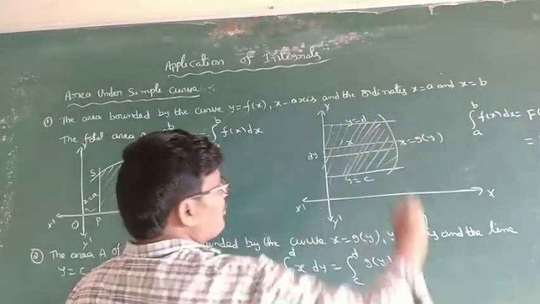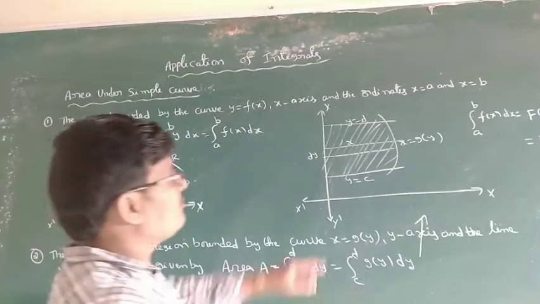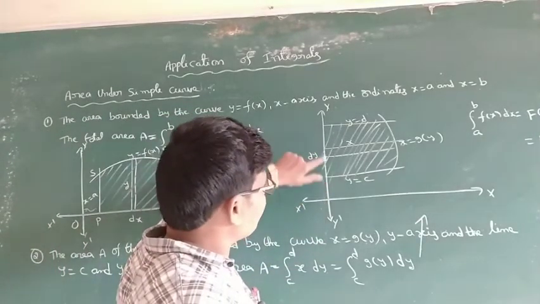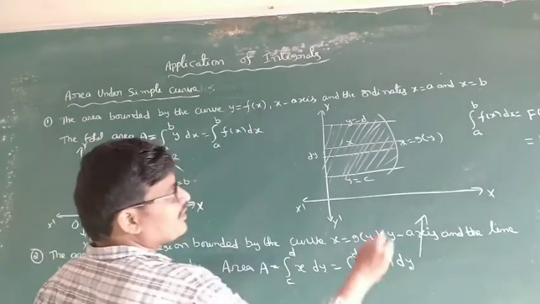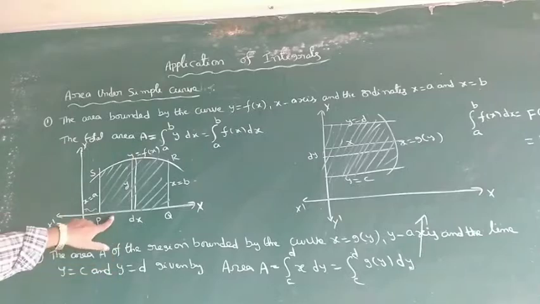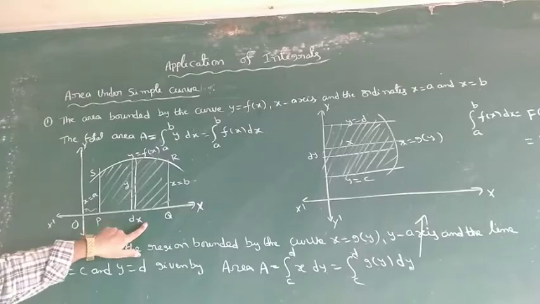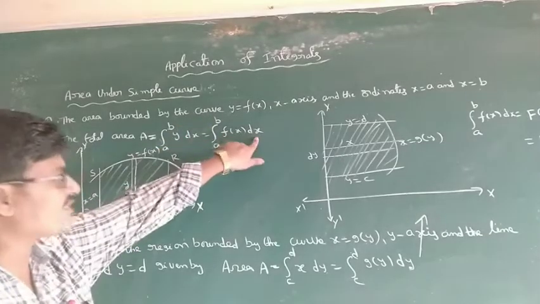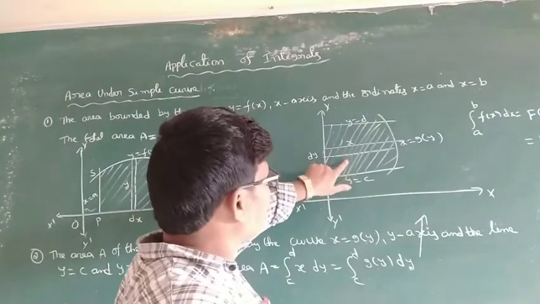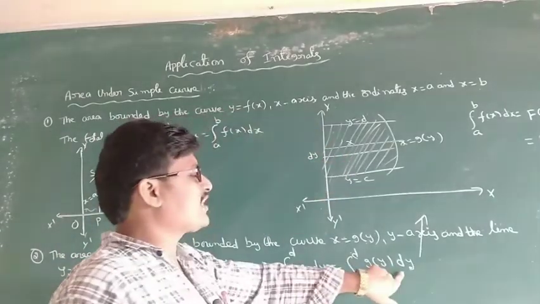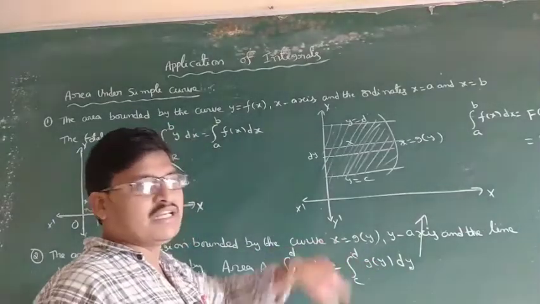The equation of a straight line parallel to the x-axis is y is equal to y1. This is y is equal to c, this is y is equal to d. The area bounded by the curve and the x-axis means limits a to b of f of x dx, with respect to x. The area bounded by the curve and the y-axis means with respect to dy. The function is also in the variable y, and the limits are also y limits.